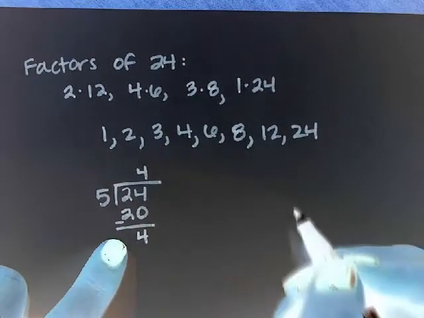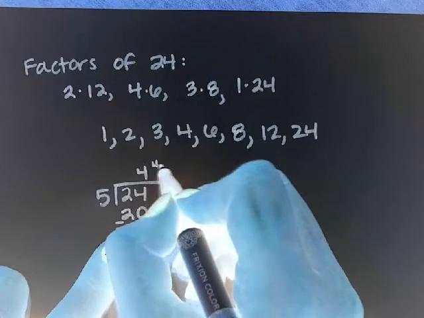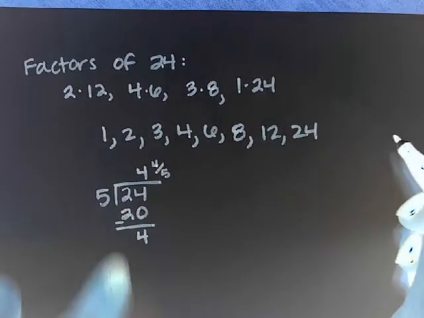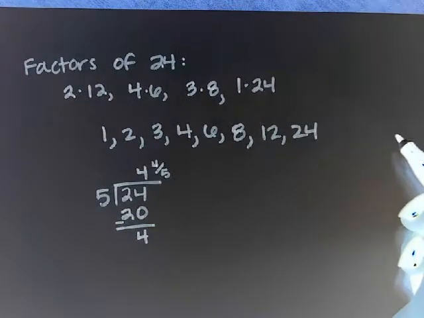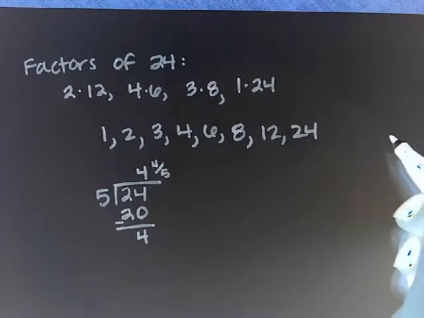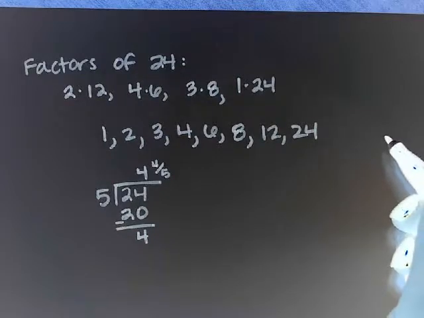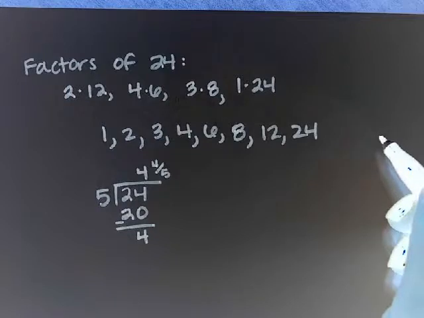Remainder of 4. So I would say that it's 4 and 4/5. So what determines that 5 is not a factor of 24? It has a remainder. Does that make sense? 5 is not a factor of 24 because it has a remainder.